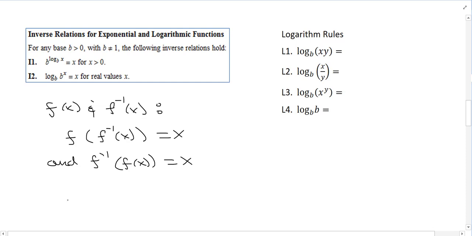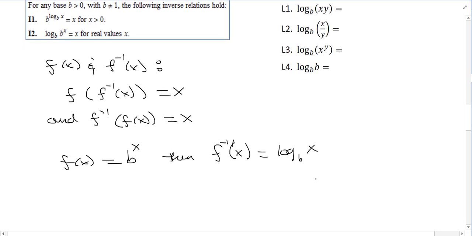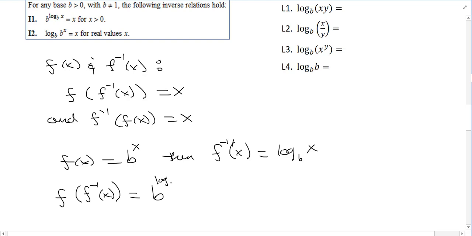If I have f of x is b to the x, then f inverse is the log base b of x. So when I do f of f inverse of x, what does this become? That's going to be b to the x, but we're putting in f inverse. So it'll be b to the log base b of x. Since these are inverses of each other, this property is valid. So this is going to be x.